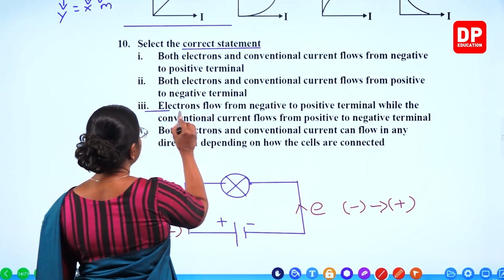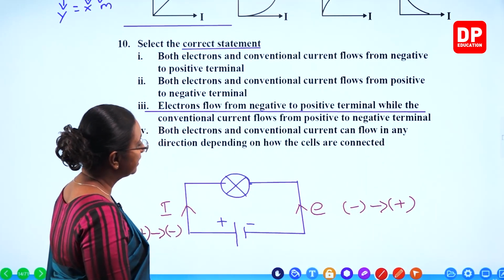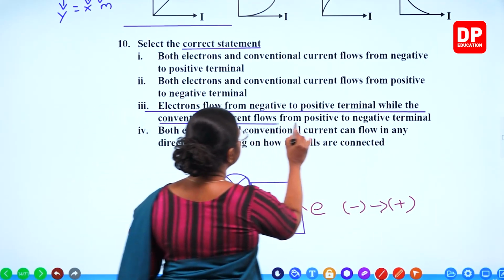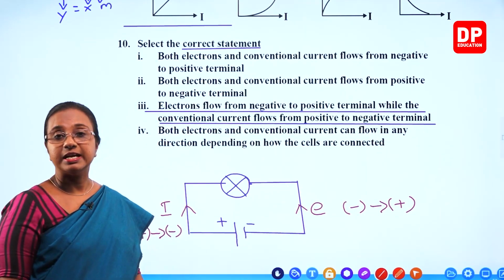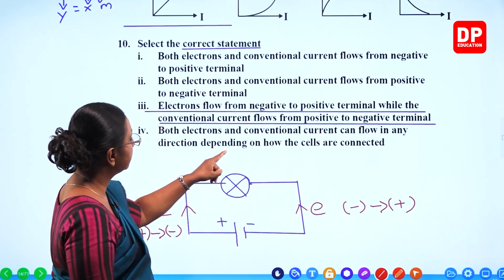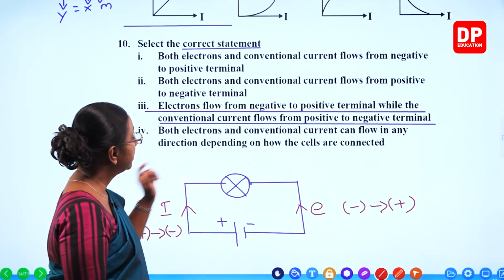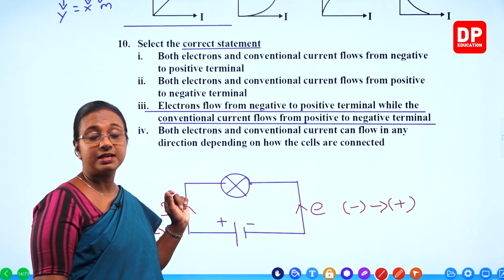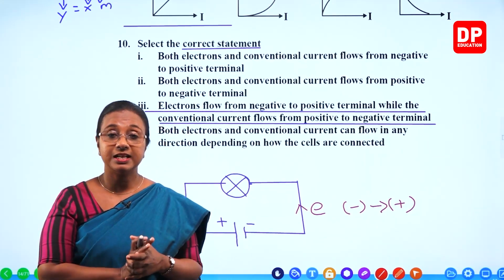That is correct. Fourth answer, both electrons and conventional current can flow in any direction depending on how the cells are connected. No. You have to connect the cells in the correct manner.